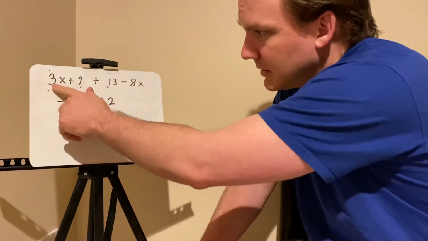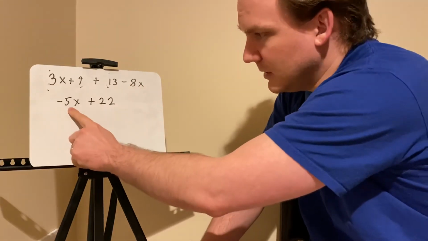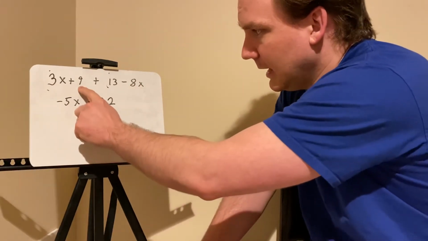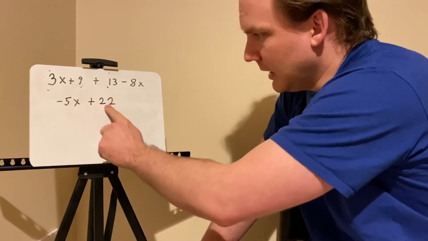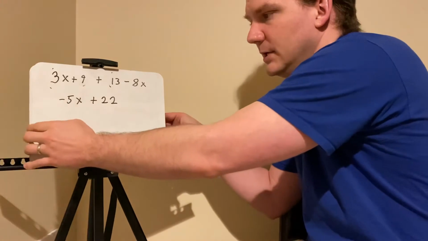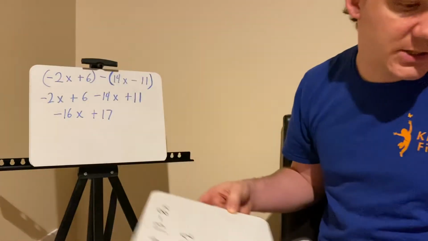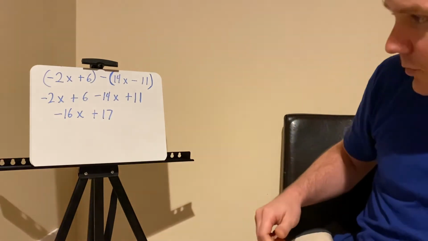I combine my like terms. 3x and -8x can get combined to be -5x. 9 and 13 are combined to equal 22. So the simplified term is -5x plus 22. So that's how you would add those polynomials.